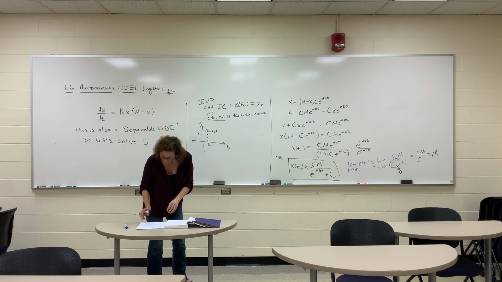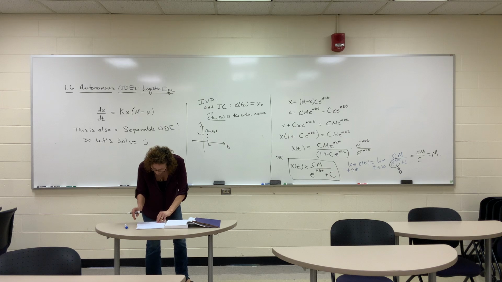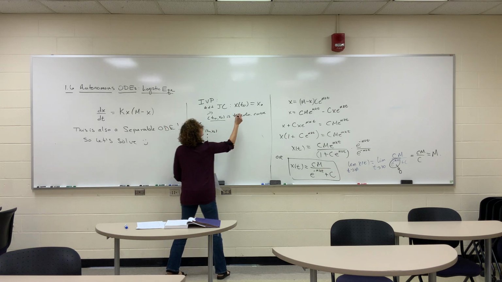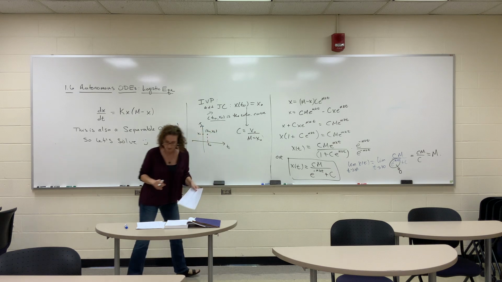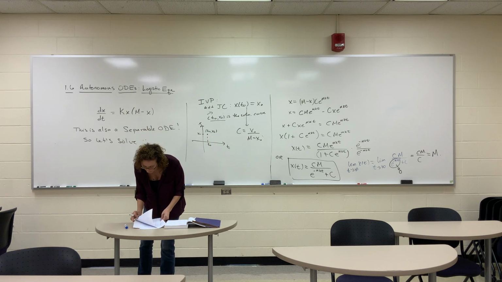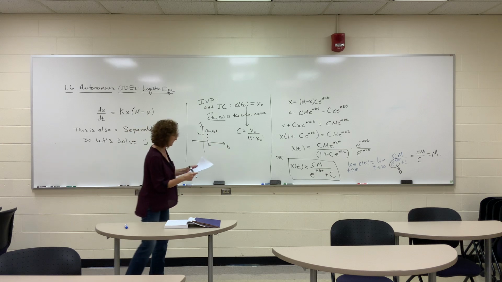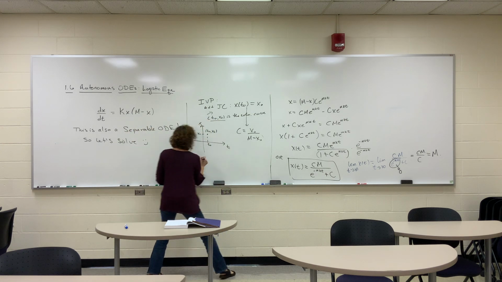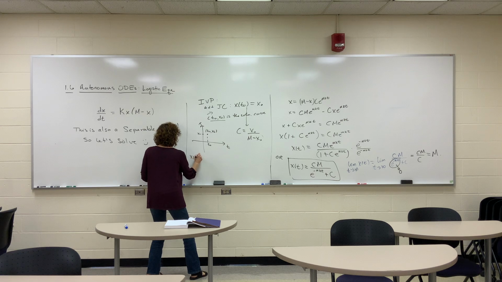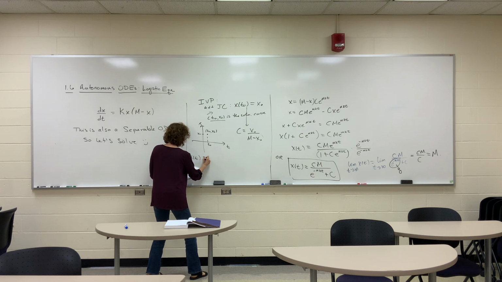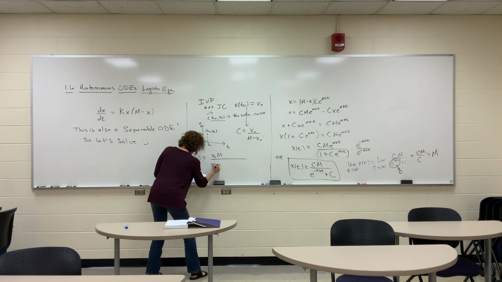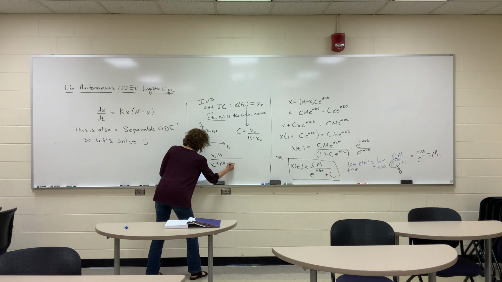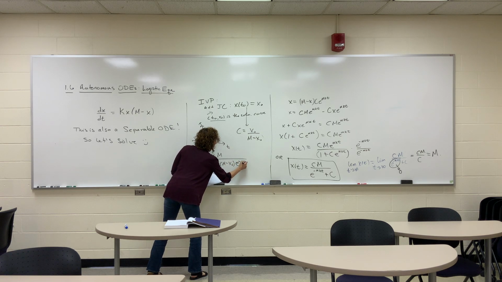We can determine C. I will leave it to you to show that with this initial condition, C can be shown to be x naught over M minus x naught, and therefore the solution of the initial value problem, you should show for yourselves, is x of t equals x naught M divided by x naught plus (M minus x naught) e to the minus M k t.